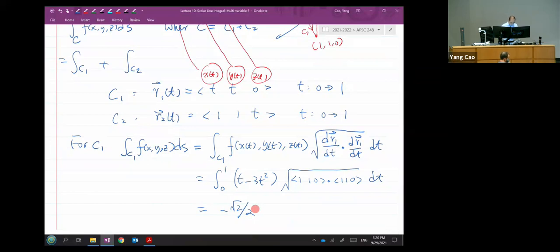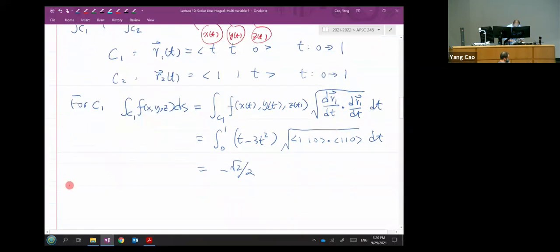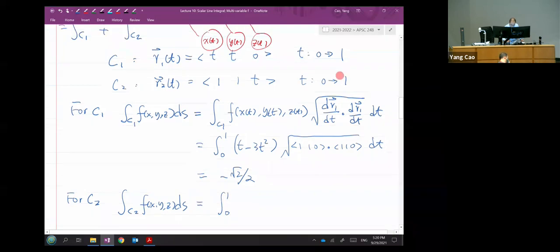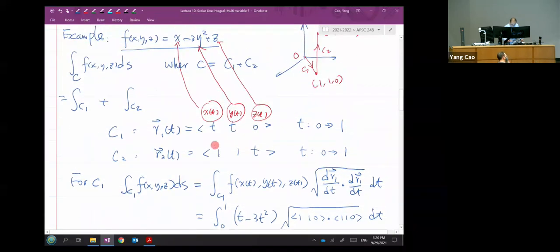So that's the integral result for C1, right? So then you do C2. C2, t also goes from 0 to 1. So how am I going to substitute? I'm going to substitute 1 over here, and then t over there.